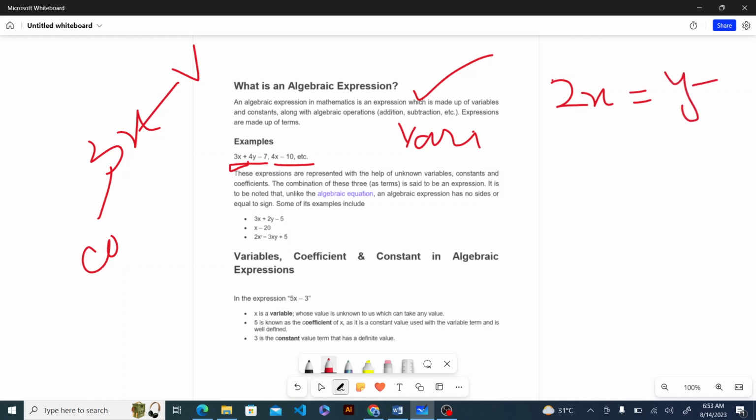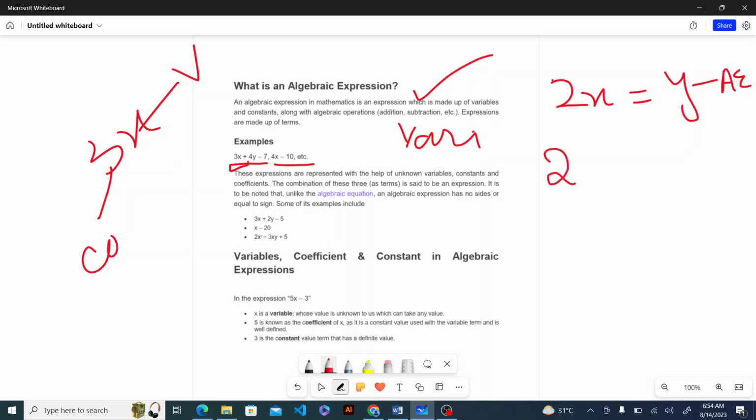This is an equation, this is an algebraic equation.